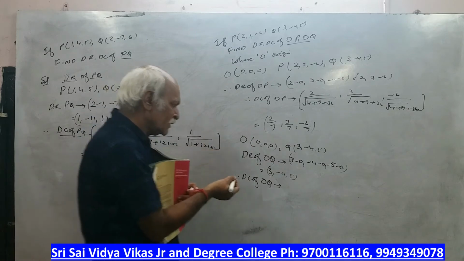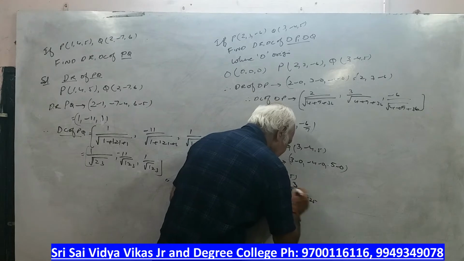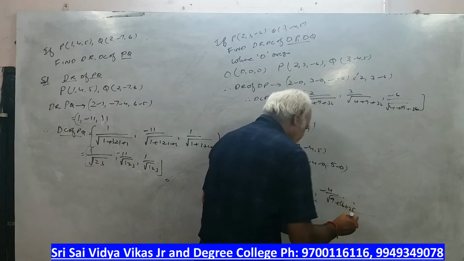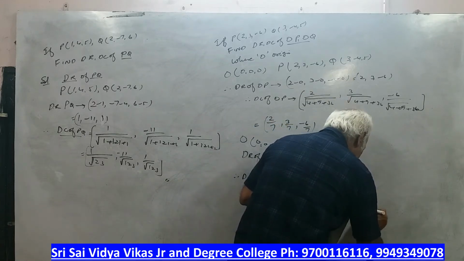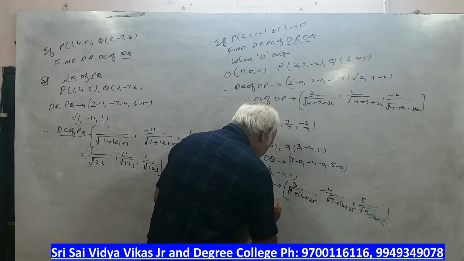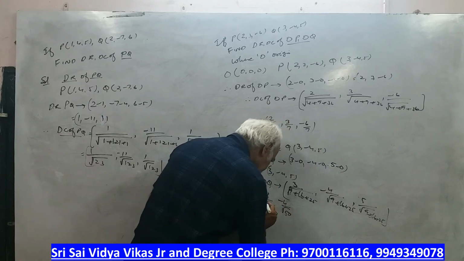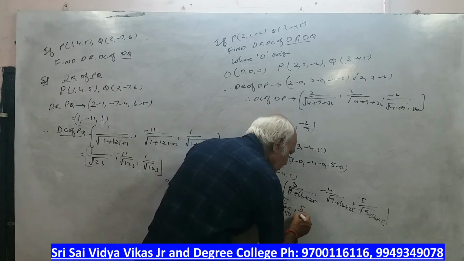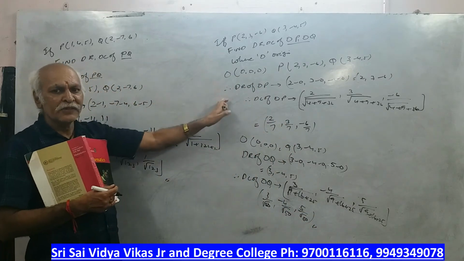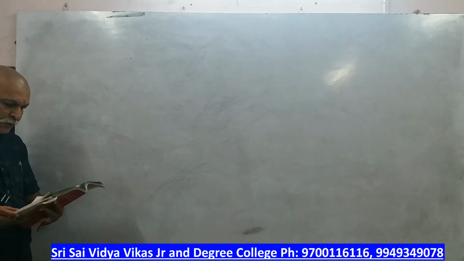Same procedure, only numbers have changed. 3 by root of 9 plus 16 plus 25, minus 4 by root of 9 plus 16 plus 25, then 5 by root of 9 plus 16 plus 25, which will give you 3 by root 50, minus 4 by root 50, then 5 by root 50. Right? So here with the origin we are finding, here with the points only. These are important. Okay, please note down. Next.